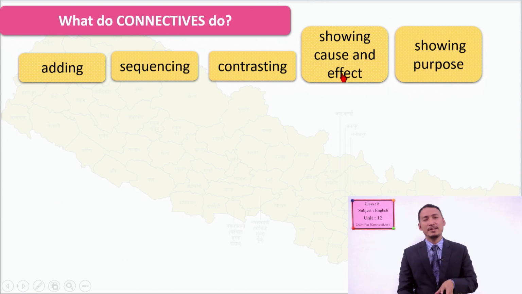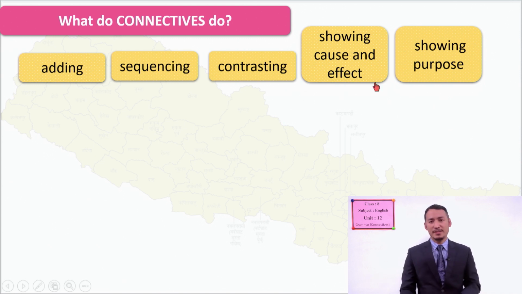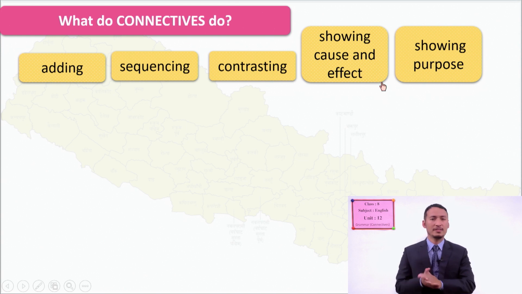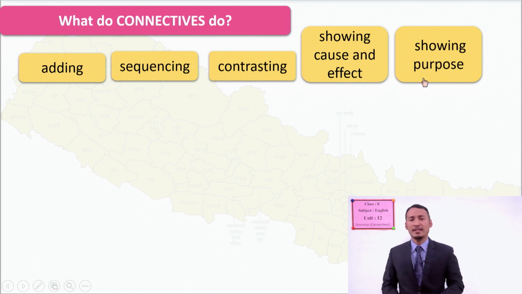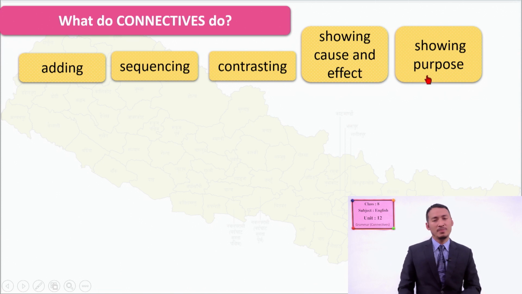So cause and effect is why something is happening. There is cause, there is effect, and there is result. So why something is done. That's another type of connective. And showing purpose is why you do something, that is purpose.